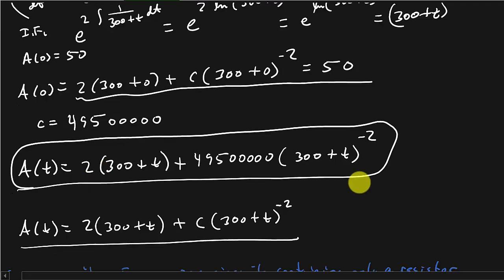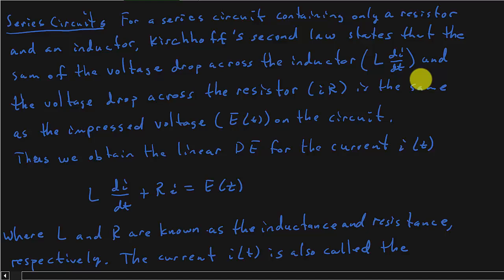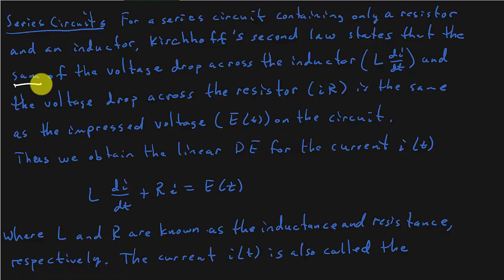All right, well, we got one more example. So we've got series circuits. For a series circuit containing only a resistor and an inductor, Kirchhoff's second law states that the sum of the voltage drop across the inductor, L times di/dt, and the voltage drop across the resistor, iR, is the same as the impressed voltage E of t on the circuit.